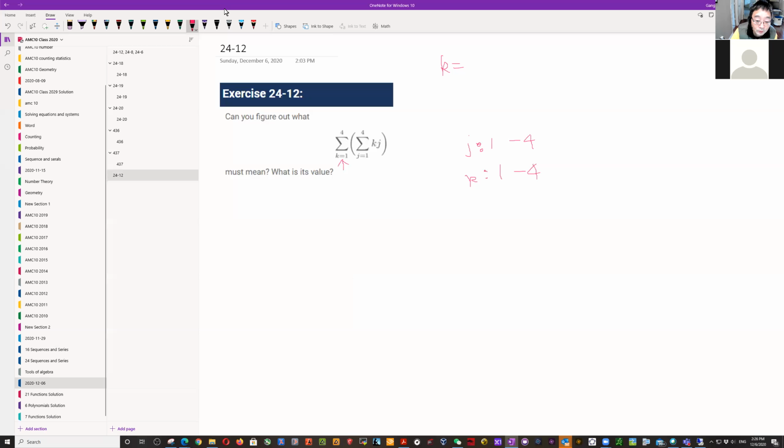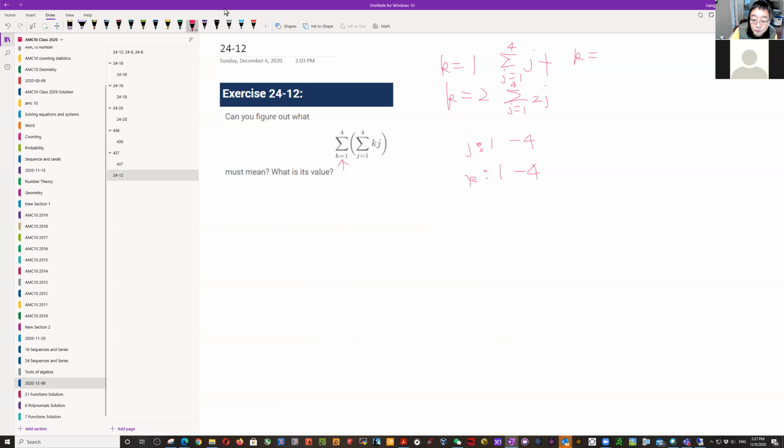So basically, when k equals 1, the inner term looks like sigma j equal to 1 to 4, and k is already 1, so it's just j. Right now k equals 2, so you can replace the 2 here: sigma j equal to 1 to 4 of 2j.